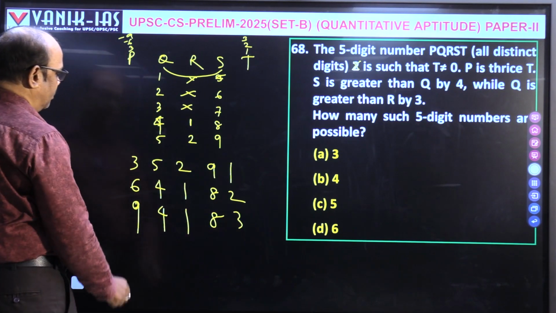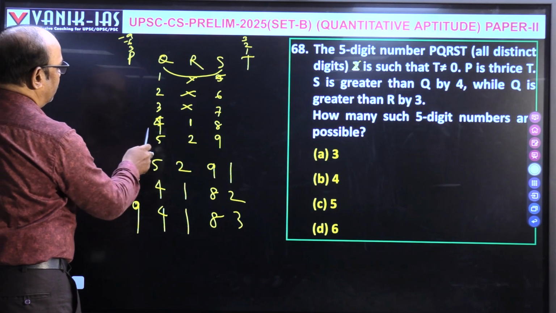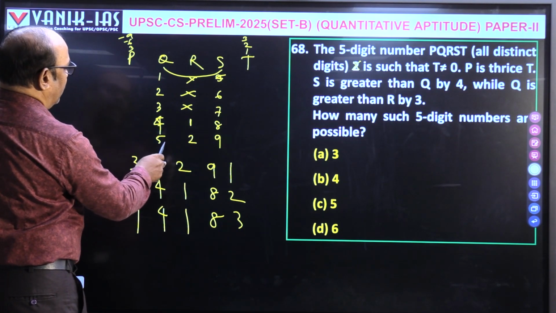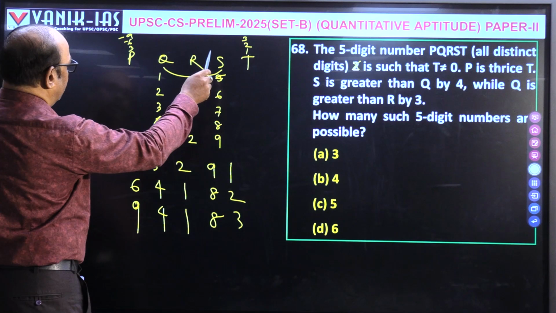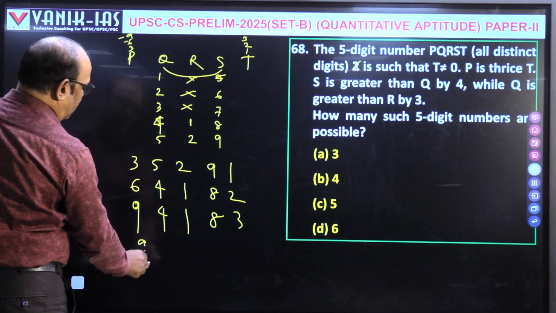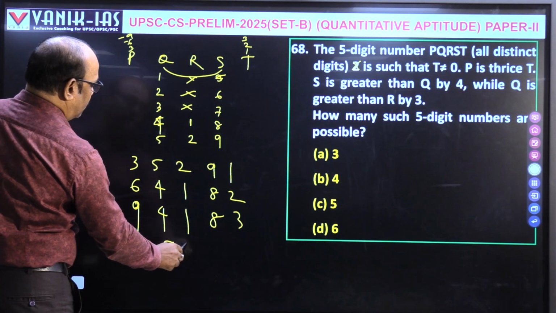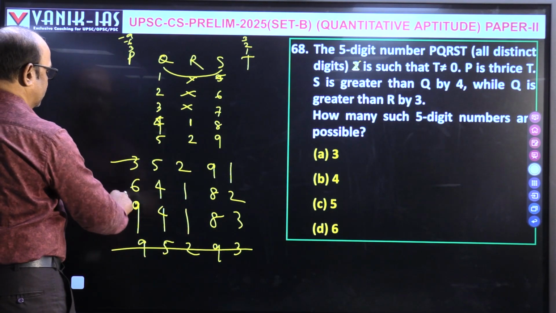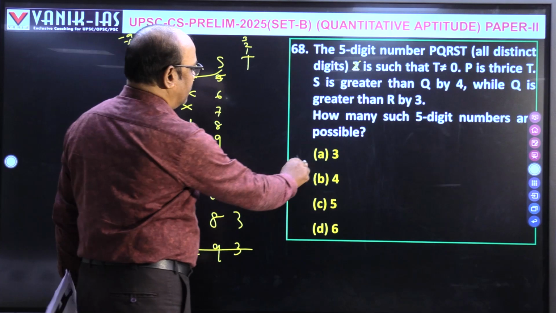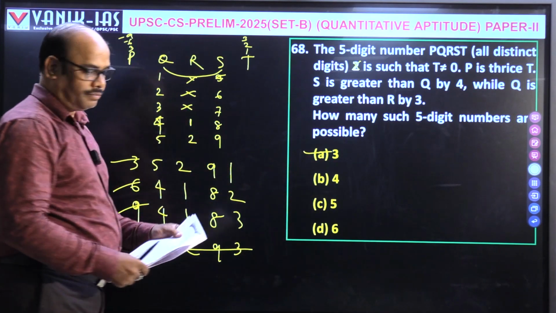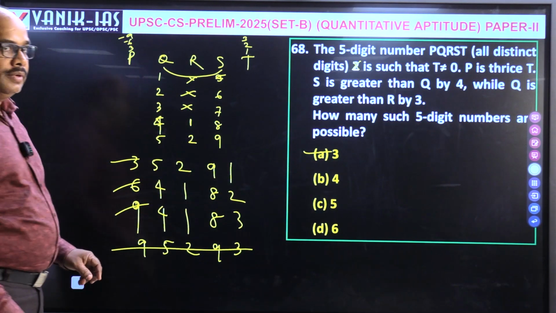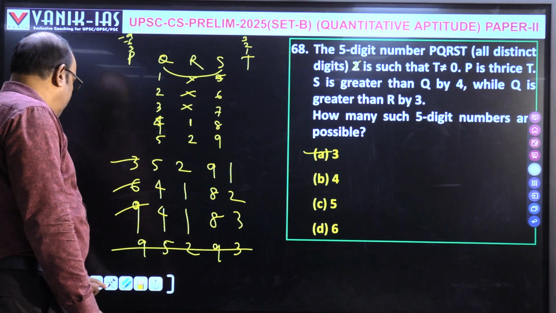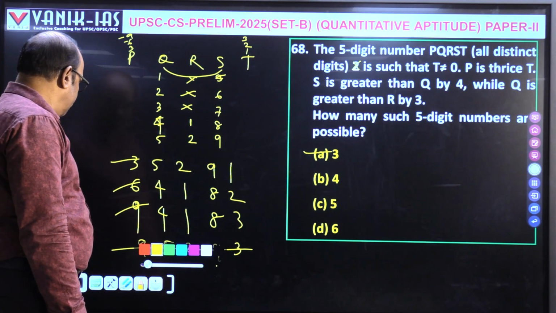Again this is satisfied. Second case 9, 5, 2, 9, 3 is not possible because 9 is repeated. That's why the first, second, third, 3 numbers are possible. That's why option is A. Next question.